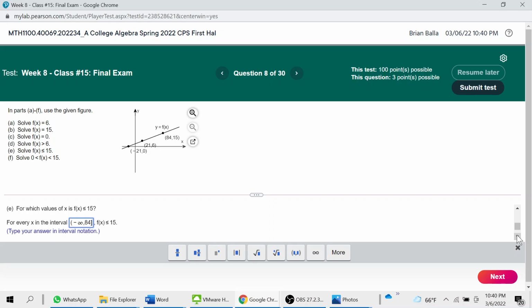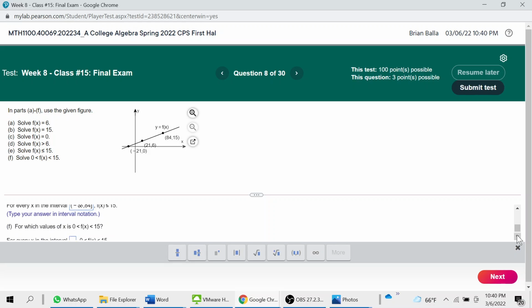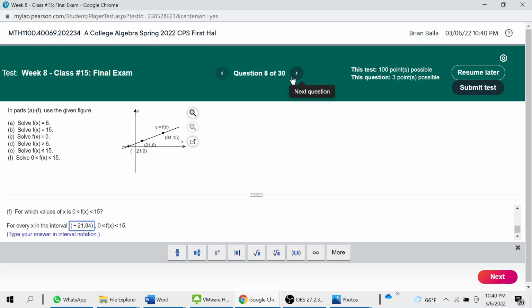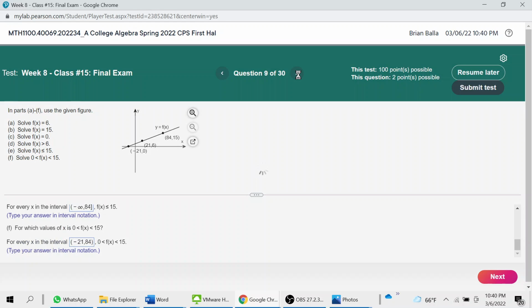Perfect. From 0 to 15, so there's negative 21 to 84. Okay, I think that's it. Moving on to question 9.